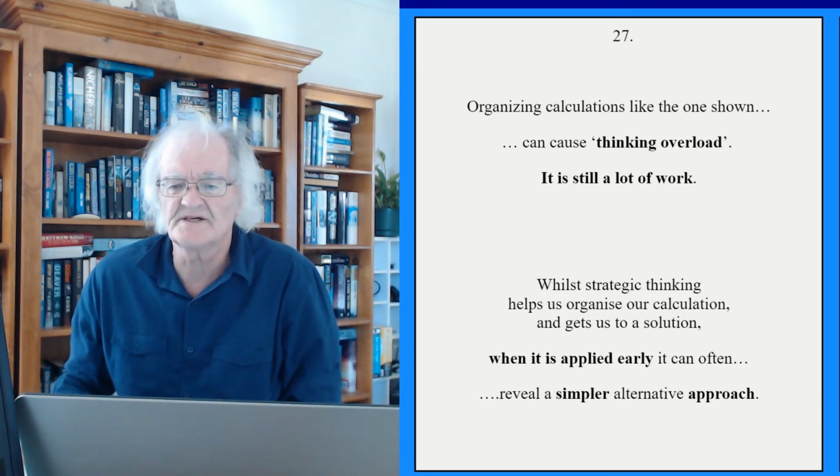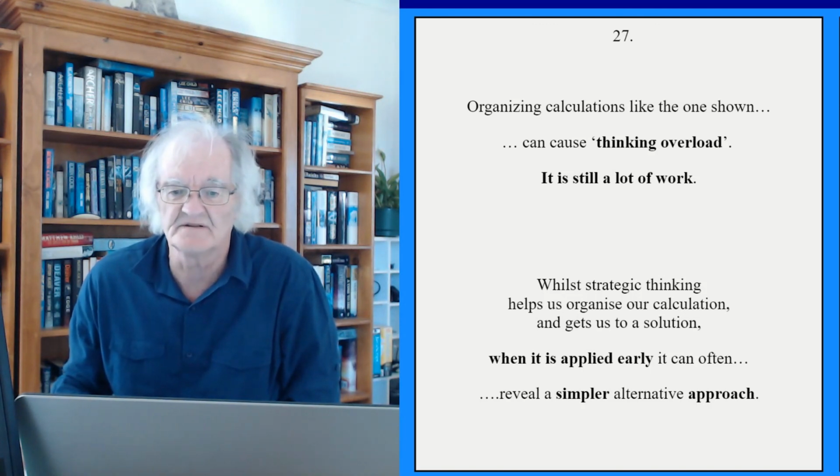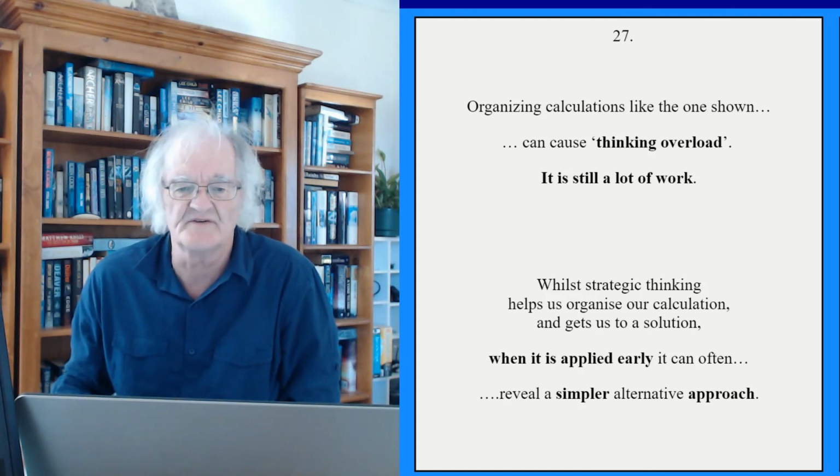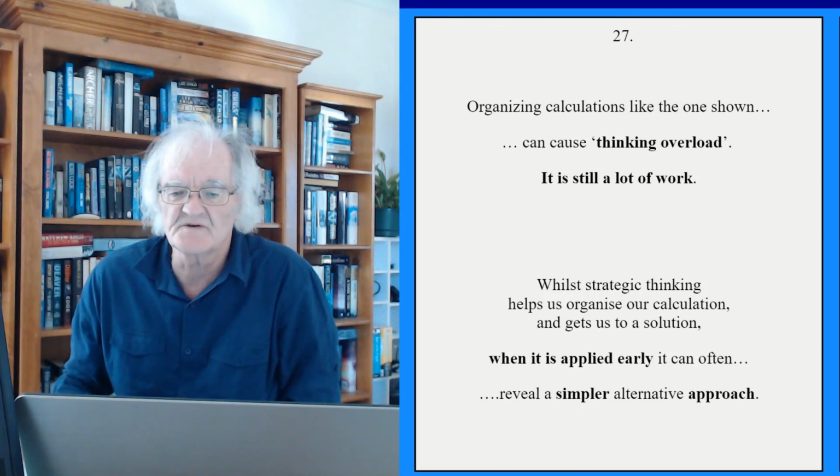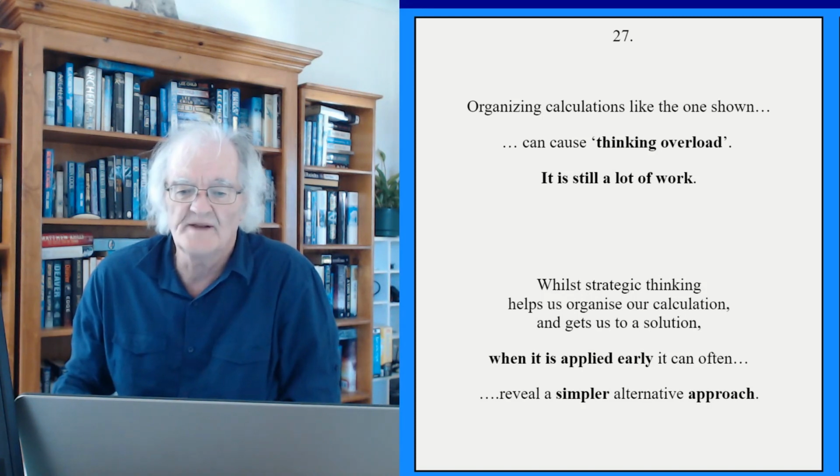Organising calculations like the one shown can cause a thinking overload. It's still a lot of work and that makes it very difficult. While strategic thinking helps us organise our calculation and gets us to a solution, when it's applied early, it can often reveal a simpler alternative approach.